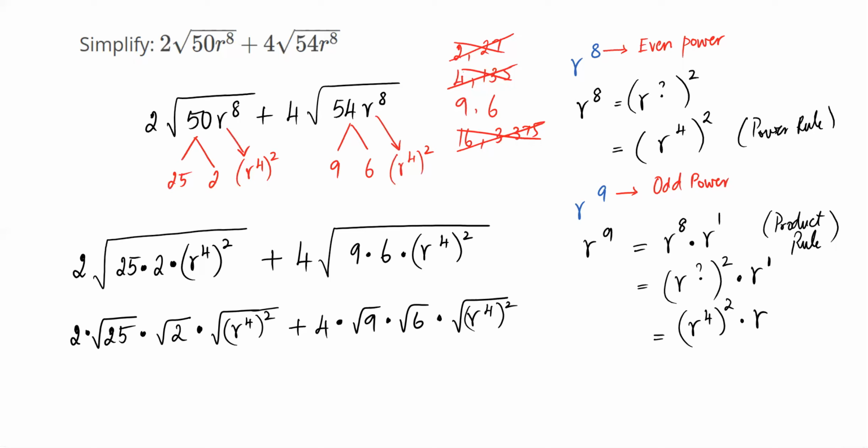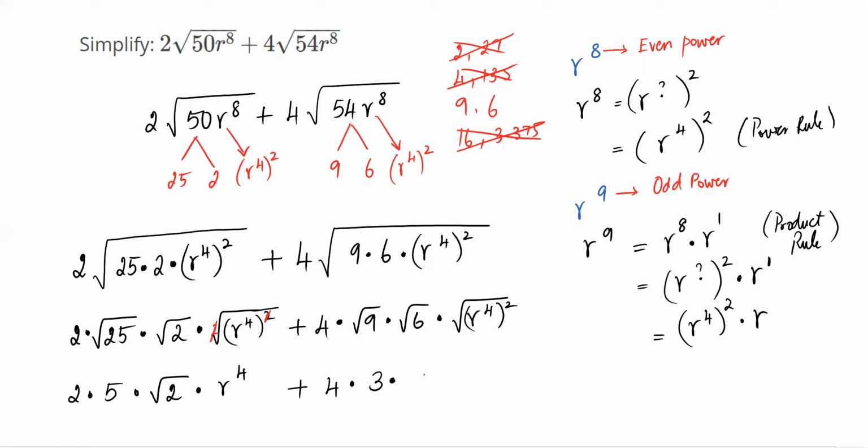Now let's simplify this. 2 times square root of 25 is 5. Square root of 2, not a perfect root, so you're going to keep it like that. R power 4 and the power 2, remember? The square root and the power 2 will undo each other, leaving us simply with r power 4, plus 4 times square root of 9 is 3.